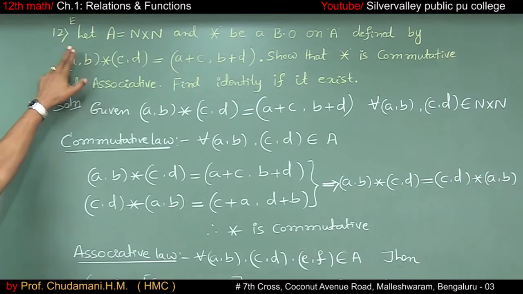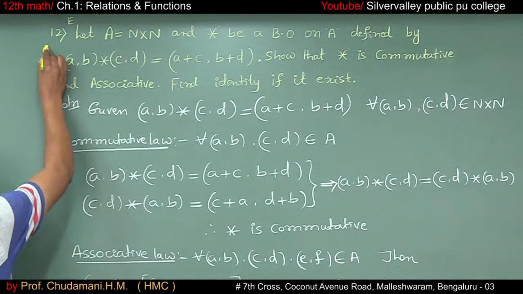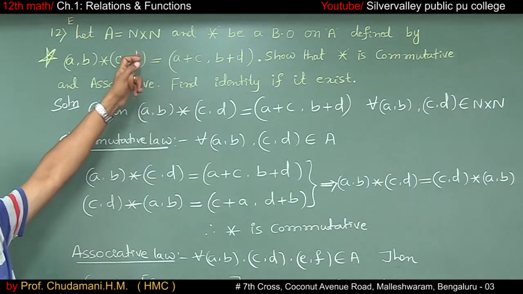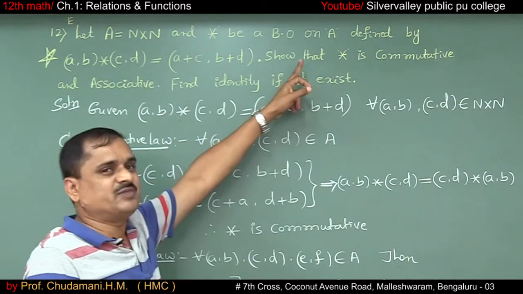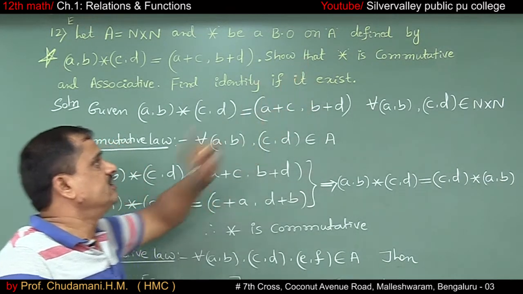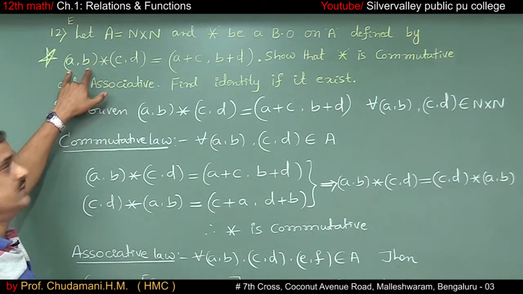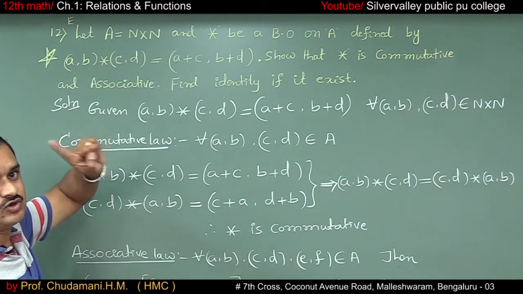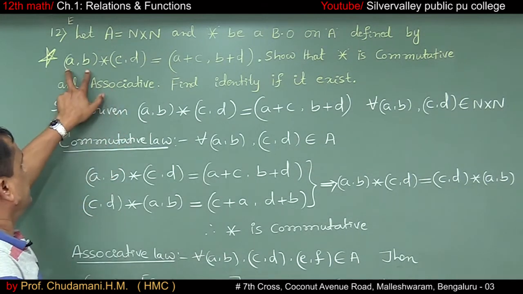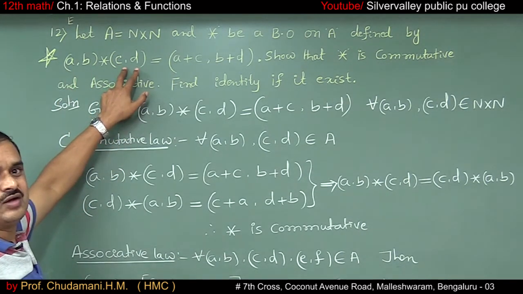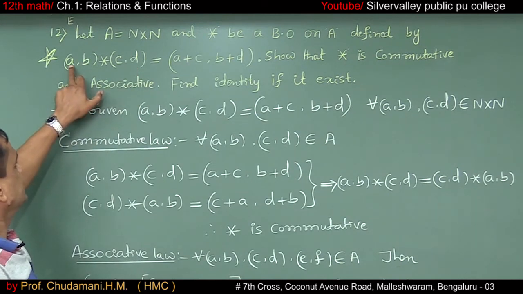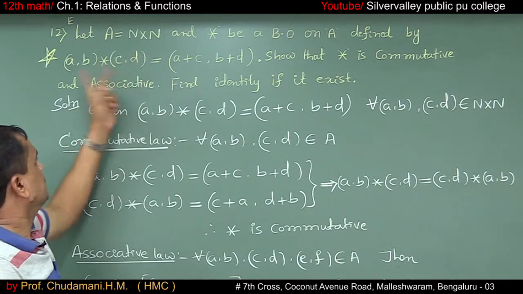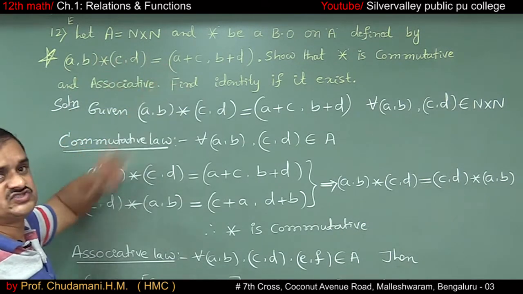12th one, an exercise problem. It's a very good question. Let A is equal to N cross N, cross product, and star be a binary operation on A defined by, since it is N cross N, the element should be an ordered pair, (a, b) star (c, d) defined as (a plus c, b plus d).